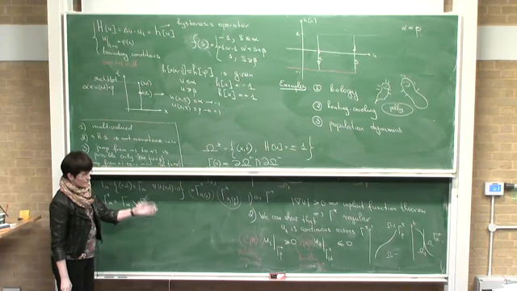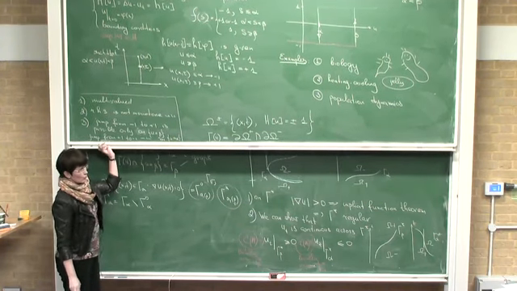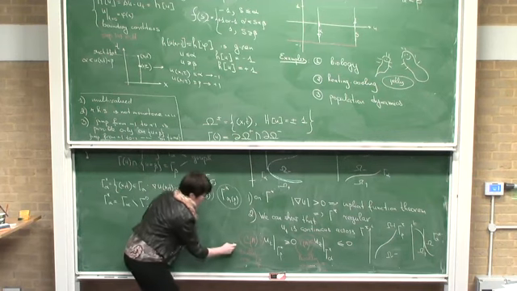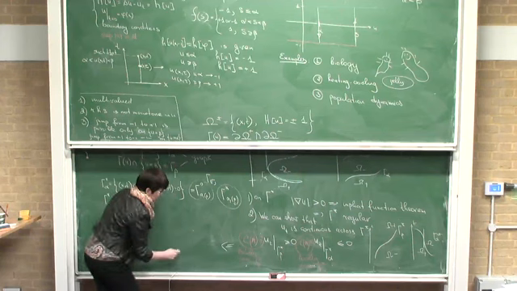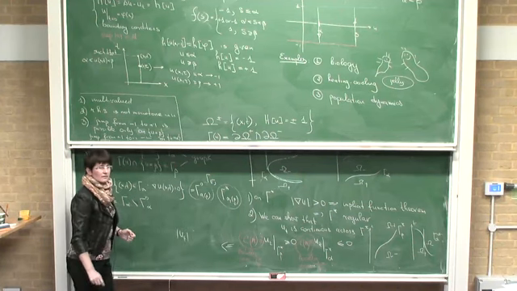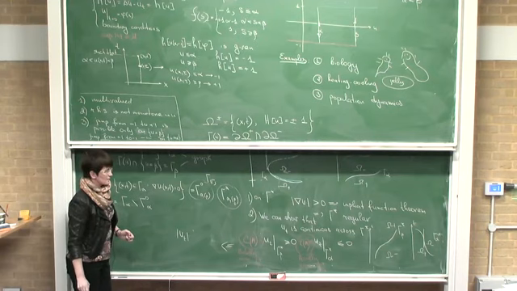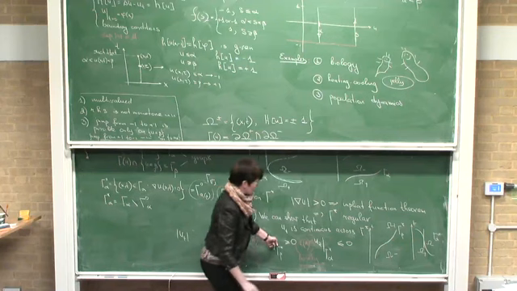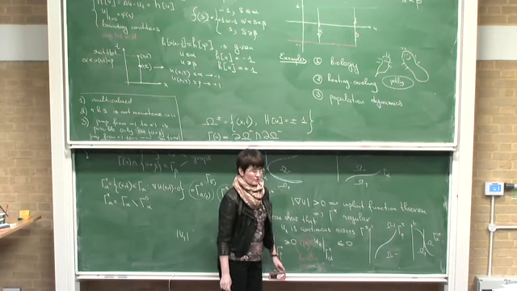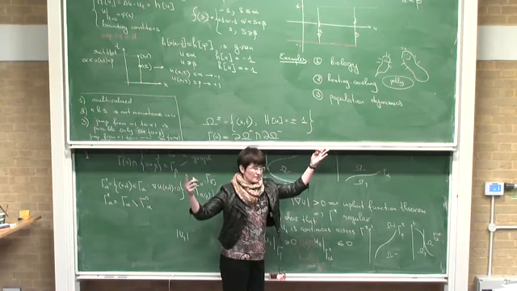And now let's summarize what we get for gamma star. The intersection of gamma star beta and gamma star alpha: there are no intersections. They are separated.